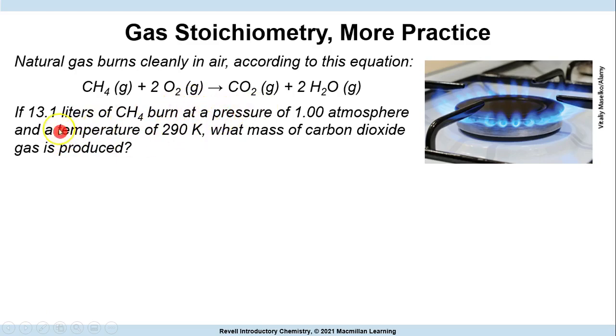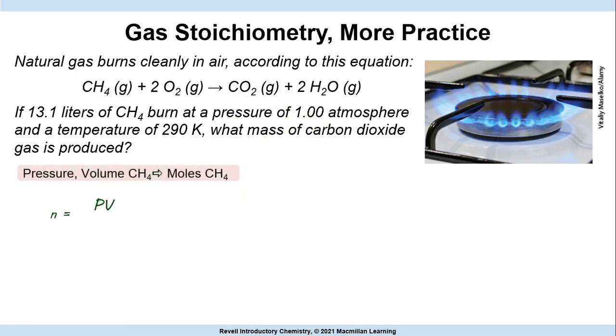Because we're given 13.1 liters of methane at this pressure and this temperature, we are going to use the ideal gas constant to calculate the moles of methane. Then from the moles of methane, we are going to use the balanced equation to calculate the moles of the gas produced, which is carbon dioxide, and from there we are going to convert from the moles using the molar mass to grams. So let's go ahead.